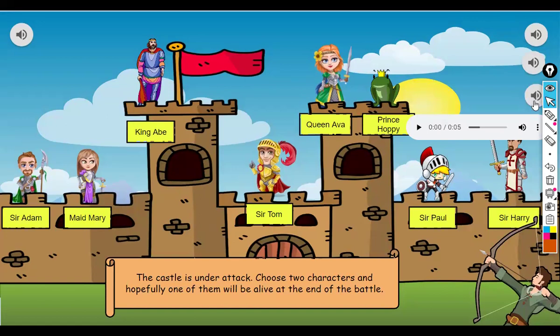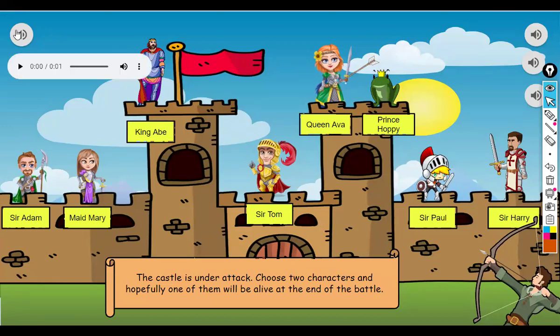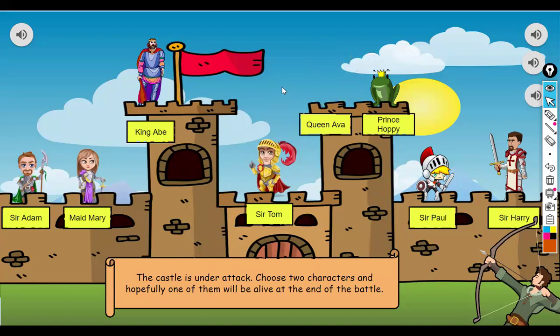All right, let's see. So you all have your bets in there. The first person to perish is going to be Queen Ava. She's gone. She has an arrow in her. Poor Queen Ava. Next person to go is Sir Paul. Also got an arrow. So that's the archers.